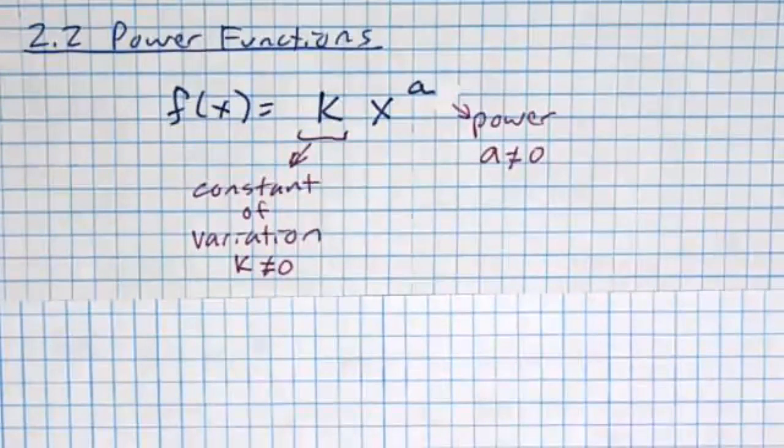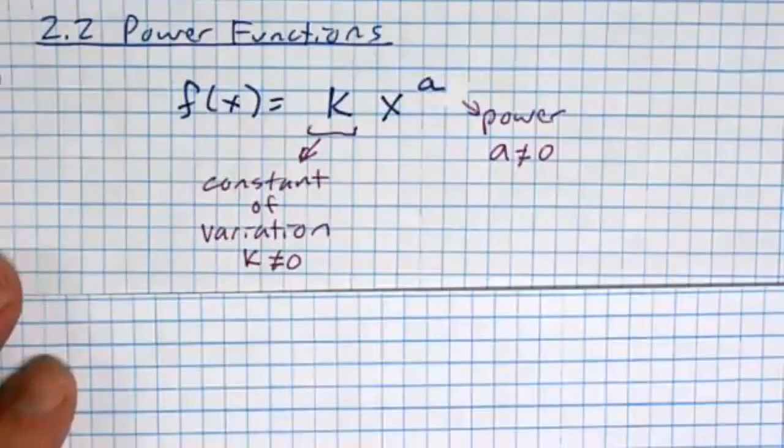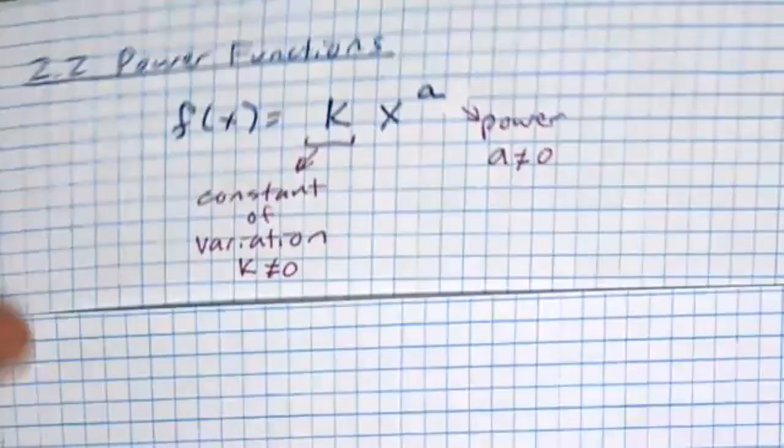I'll just write const. And then you got a power. It's important that the power is the thing on the x and not the other way around, because then you're not looking at a power function. You're looking at an exponential function, which is chapter 3. We'll get there. Power functions for today, though. All right, I'm going to move on here, and if you don't have everything down, just leave some space. We'll come back to it.